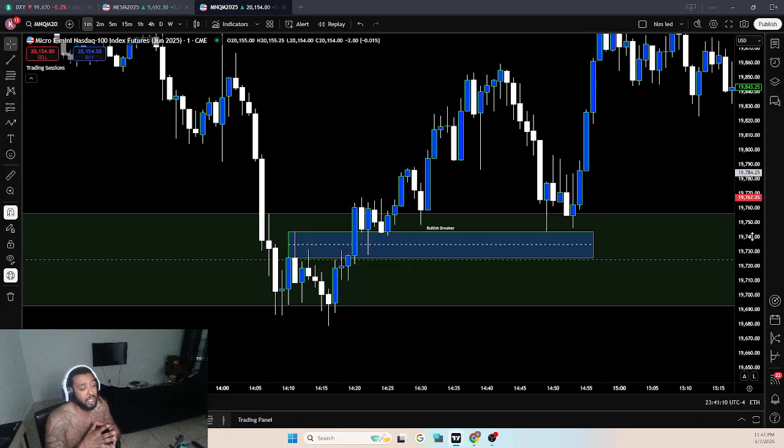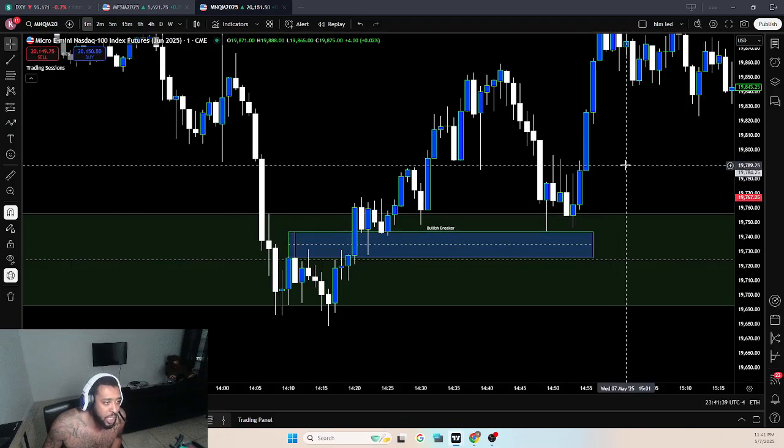So now that I'm looking for way better setups, this is my number one setup, and then I have two other setups that are also high probability, right? So if those three high probability trades do not present themselves, I do not take a trade on my live account. Or if it's bad conditions, I would just take a trade on my prop firm or on my practice account. Because sometimes it's hard to sit on your hands and not trade.